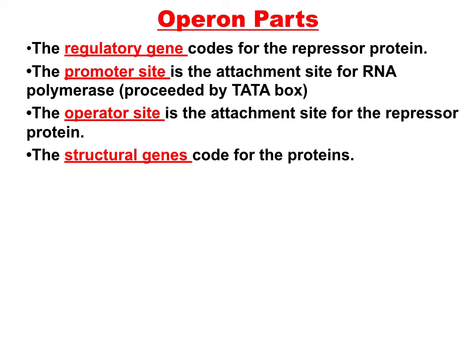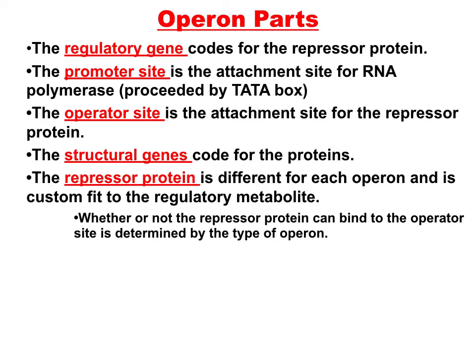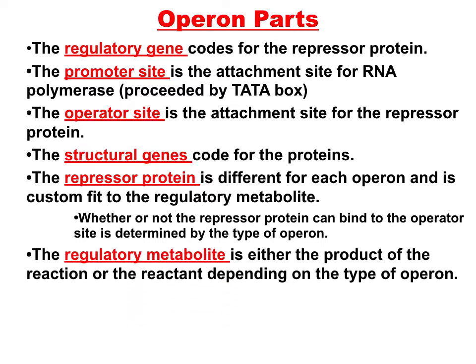All right, so those first four are all segments of DNA. Next comes the repressor protein. This is the protein that can attach to the operator if the repressor protein has its correct active shape. And whether or not it has its correct active shape that allows it to bind to the operator is determined by the presence of a regulatory metabolite.